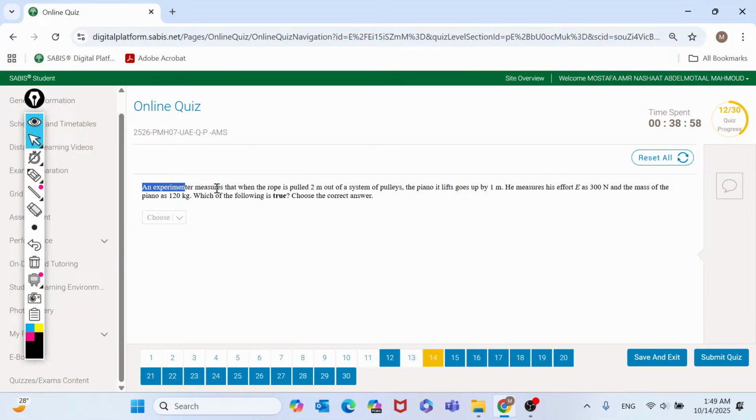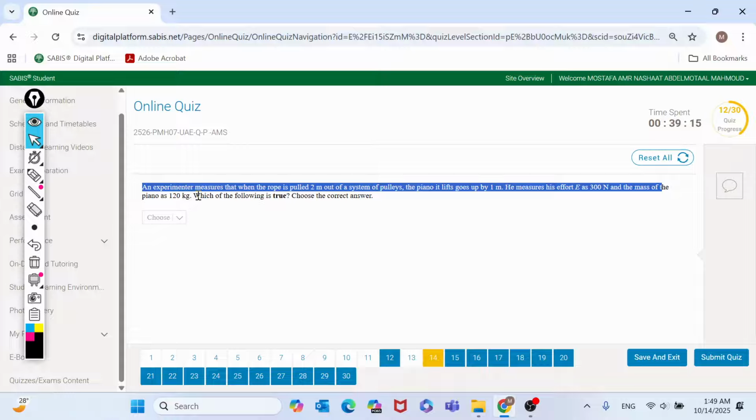An experimenter measures that when the rope is pulled 2 meters out of a system of pulleys, the piano goes up by 1 meter. He measures his effort E as 300 newtons and the mass of the piano as 120 kilograms. Okay guys, look.